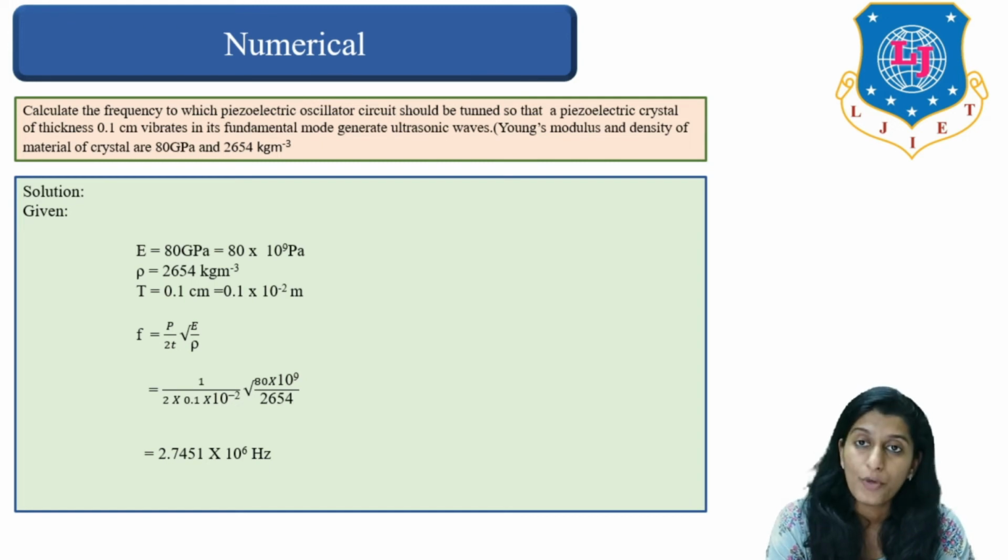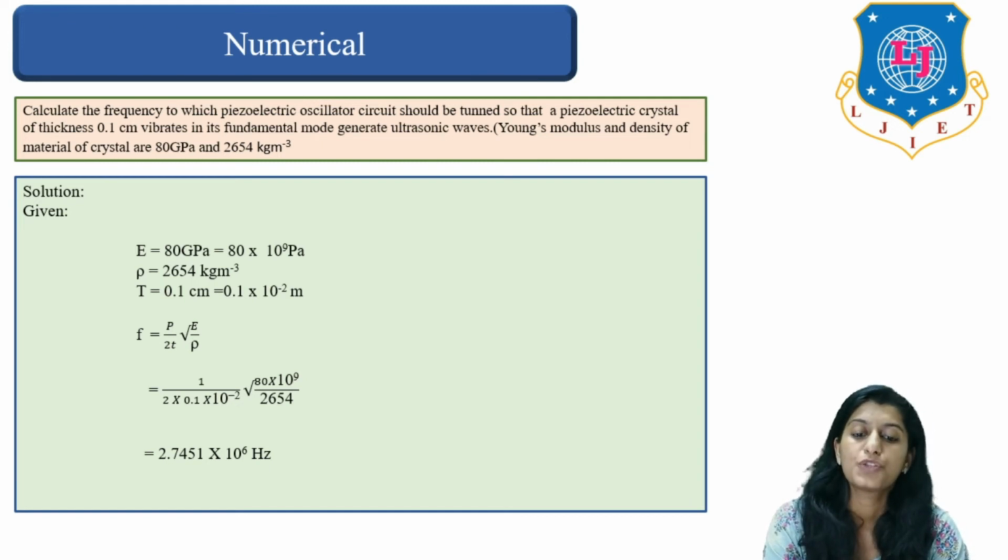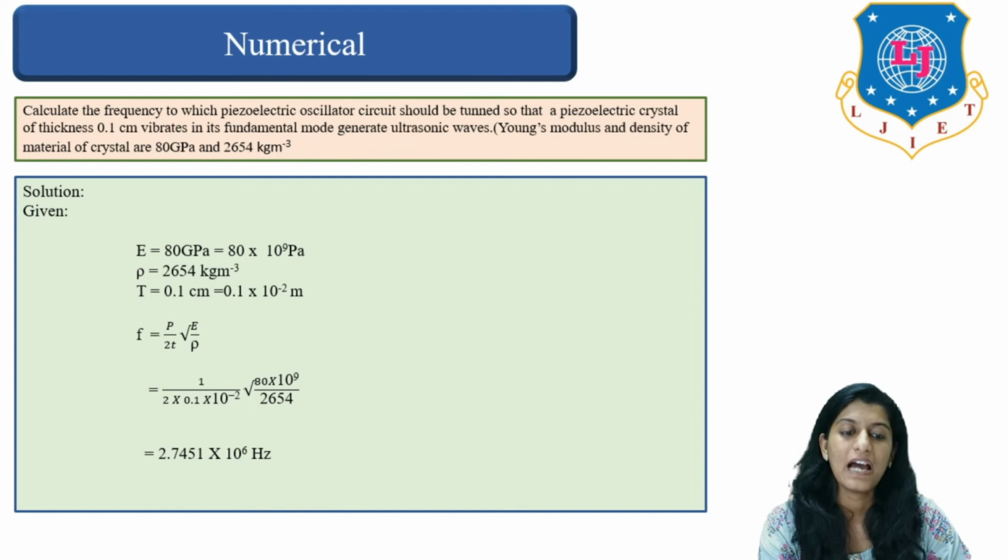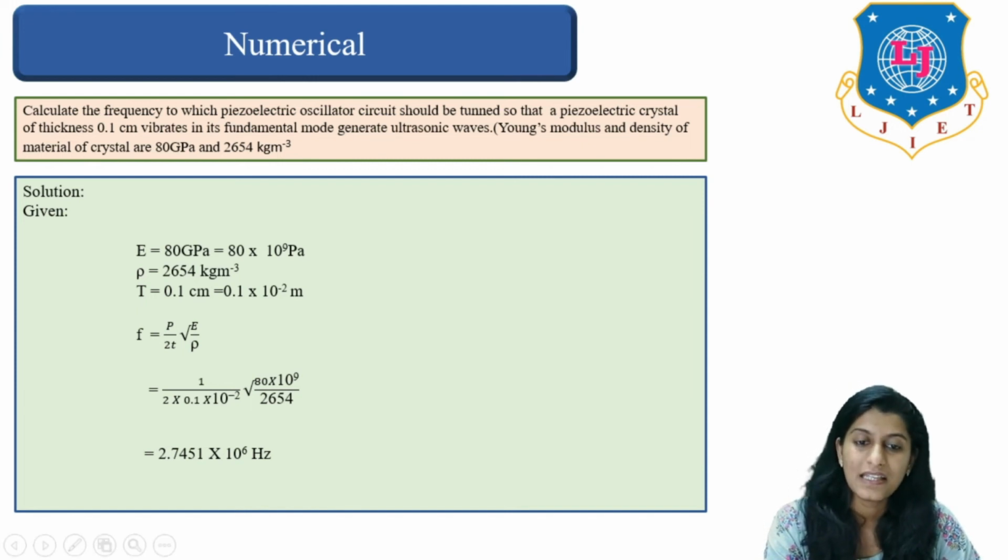Now we know the formula, frequency f is equal to p upon 2t under root of E by rho, right? So here we have E, which is 80 GPa. What is E here? E is our Young's modulus value, right? So E is given to us as 80 GPa. Convert it into SI unit of Pascal.